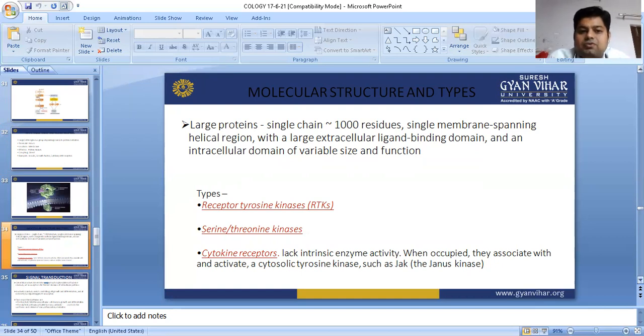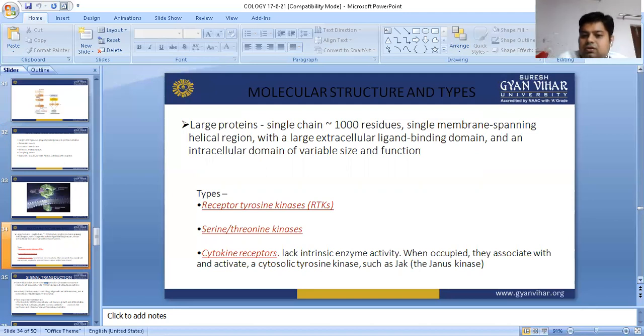So there are the types: receptor tyrosine kinase, serine or threonine kinase, and cytokine receptor. Cytokine receptors lack intrinsic enzyme activity; when occupied, they associate with and activate the cytosolic tyrosine kinase such as JAK.